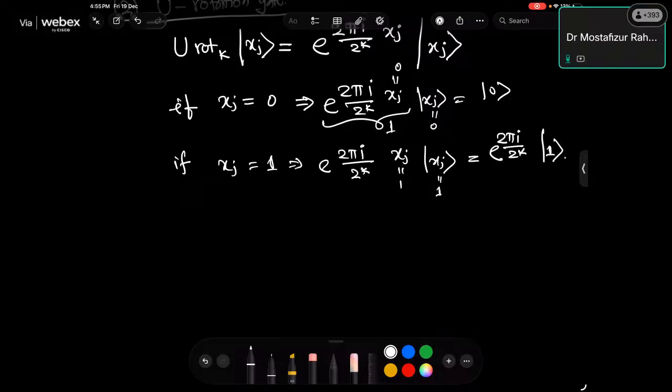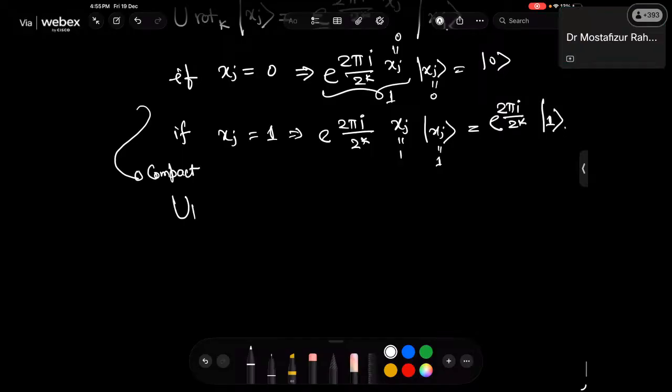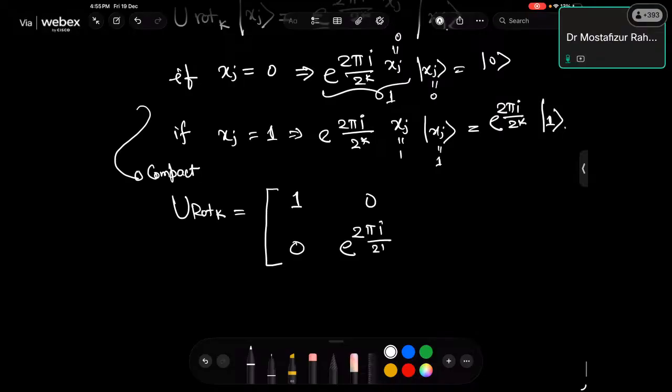Okay. So we can write it in a compact way: the U rotation k gate equals the matrix 1, 0, 0, e to the power 2 pi i by 2 to the power k.